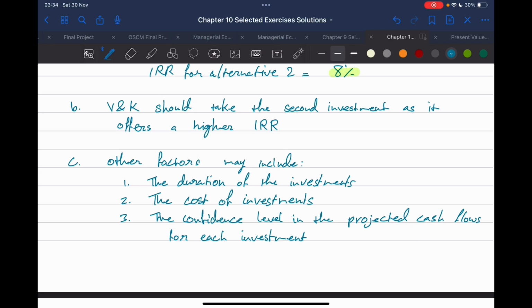And you don't even have to write it exactly like I have, but as long as you understand the main differences between the two investments here, especially that each investment has a different expected life or duration, and also the cost of the initial investment is different between the two, and also other factors might come into play when it comes to how confident the company is in each investment's cash outflows and inflows that are expected to be generated by the investment, and so on.